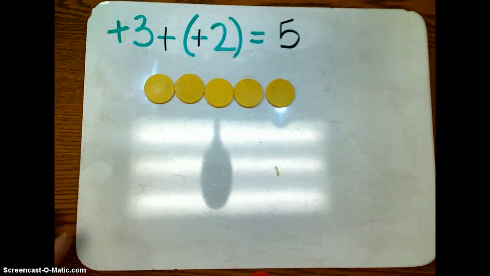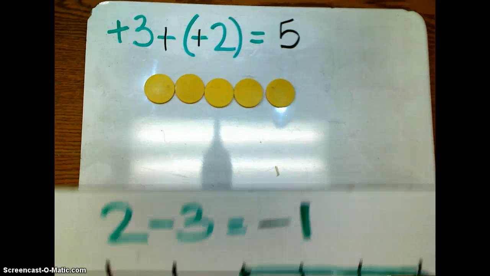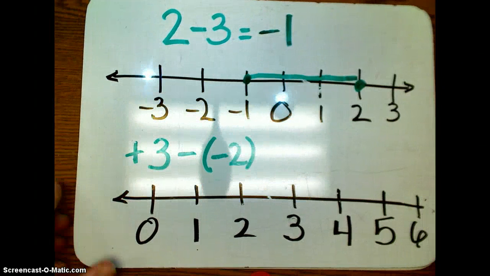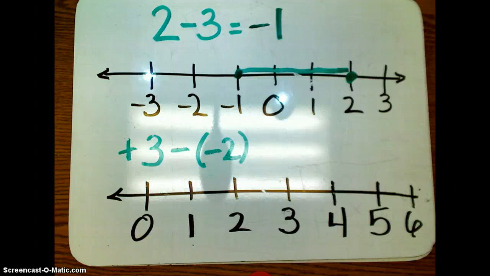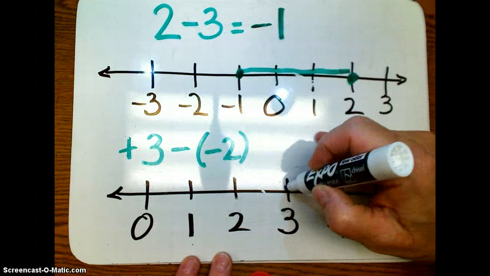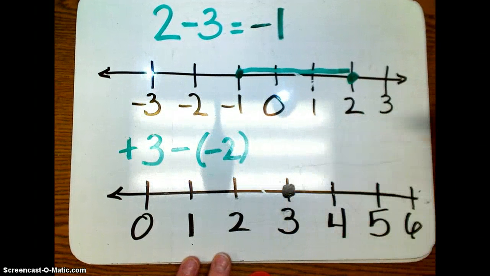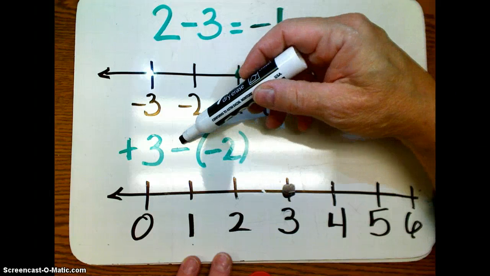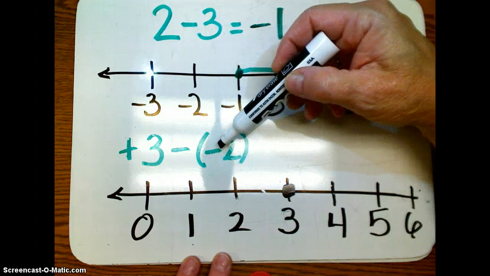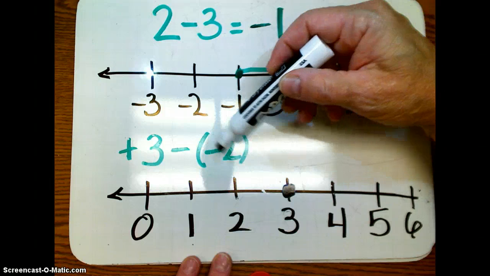Let's use this and go back, if I can find my slide, to a number line and see if that plays out in the same manner. The bottom problem here, we start with a positive 3. Now, if I think about this as I want to take away a negative 2, so I'm going to actually go in the opposite direction of negative 2.